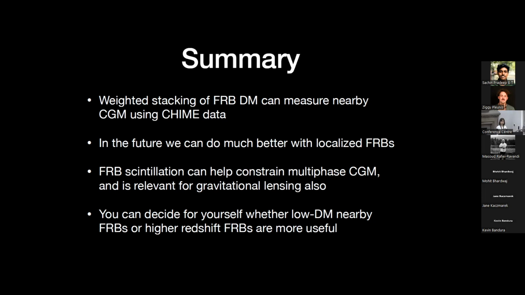Unless you want to posit that FRBs are in some very unusual locations, then you can model, at least on a statistical basis, what distribution of scattering times you might have, especially since you also have the dispersion measure. So with reasonable assumptions about the ISM of galaxies, you might be able to test the scattering-dispersion measure relation versus, I would think, the CGM.